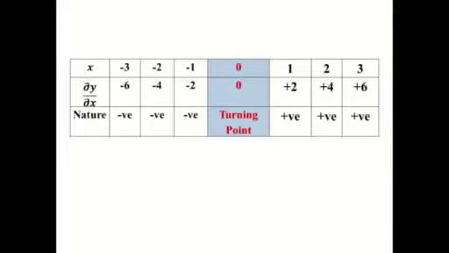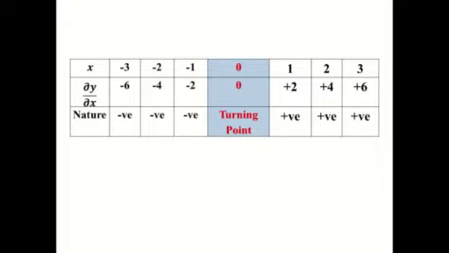So you see, as you move along this curve, given by the function y equals x squared plus 3, the gradient along this curve changes, and you realize that it's changing from negative to positive.